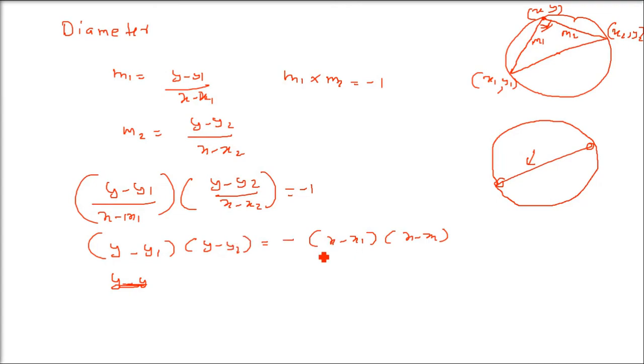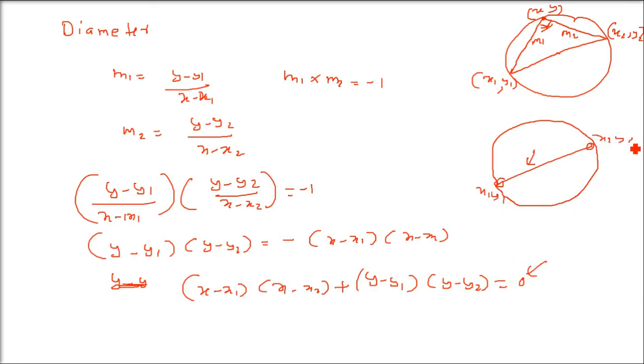So what do you get? You have x minus x1 into x minus x2 plus y minus y1 into y minus y2 equals 0. Now this is the equation of a circle having x1, y1 and x2, y2 as the coordinates of the endpoints of a diameter, right? So this is the equation which we call the diameter form of a circle.